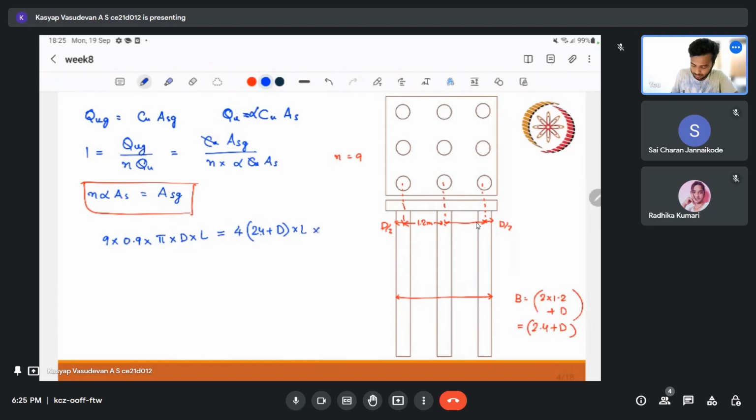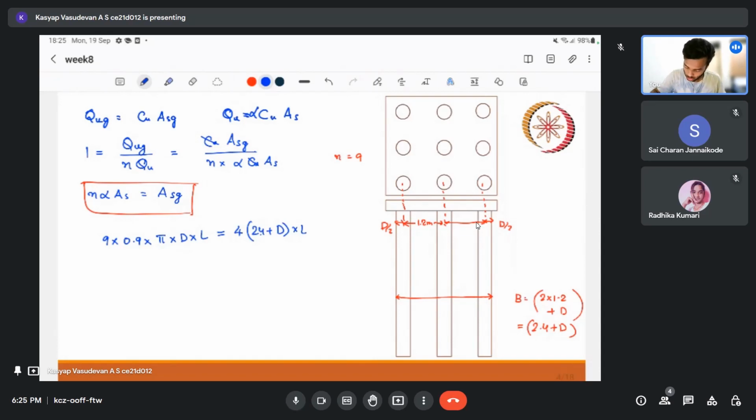And what else? CU, no, CU is not that. ASG. Okay, I think that's it, right? This is the shaft area subjected to the shaft resistance.